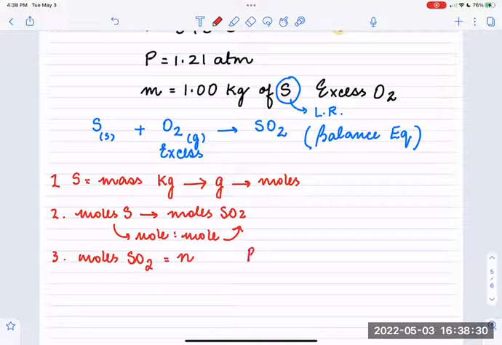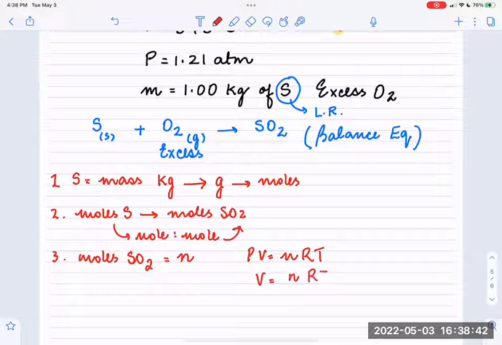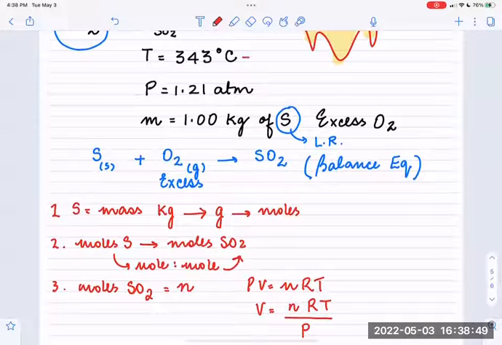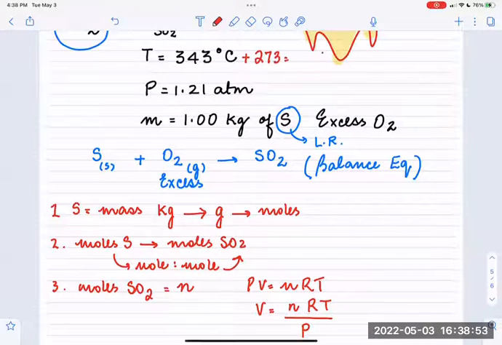And you know the formula, PV is equal to nRT, okay? We need to find a volume. So the formula we are using now is that V is equal to nRT over P. Now, pay attention that T is given in degrees Celsius. So you need to add 273 to make it Kelvin.